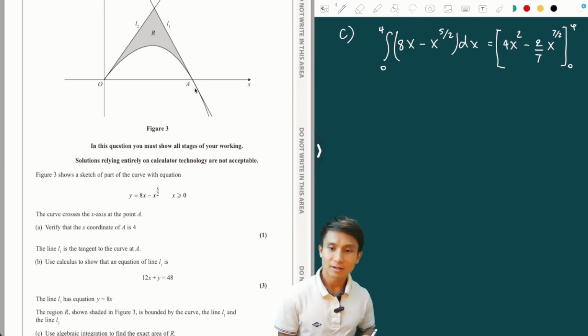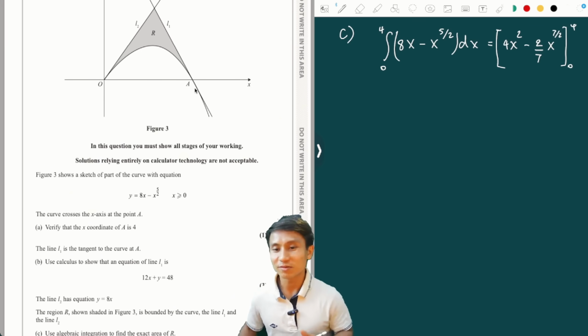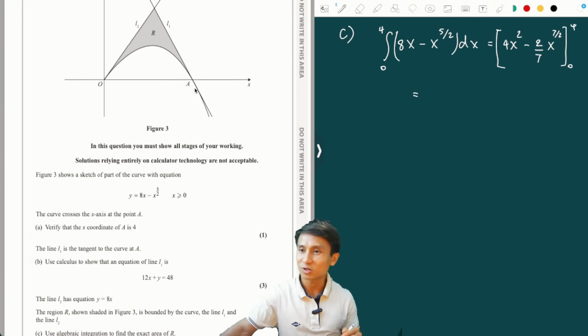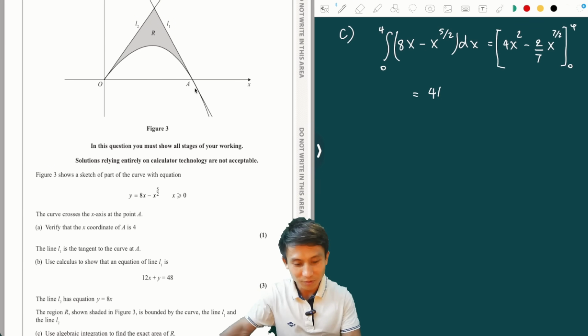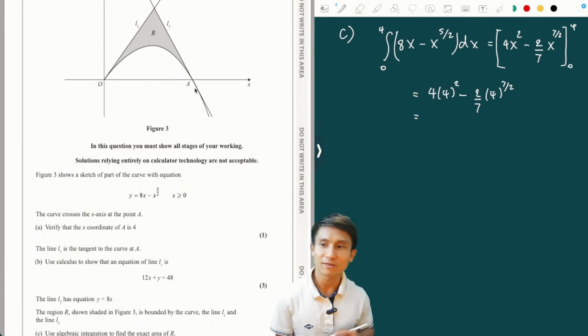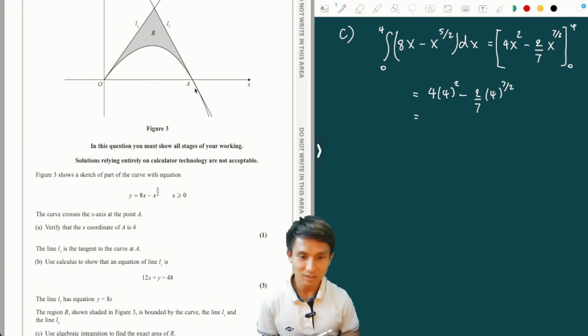Again, my preference about substituting the bounds into the integration is that I do each term. But this one is easy because when you sub 0 in, everything goes to 0. So we're just going to sub the upper bound and get the value. So that is the area under the curve that we need to subtract from the triangle.